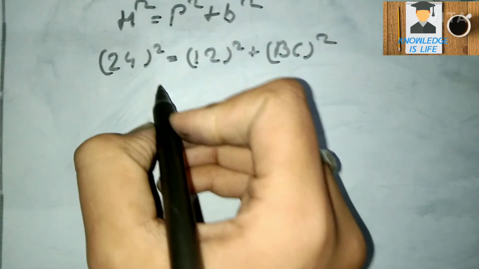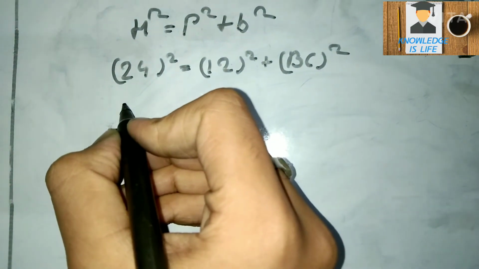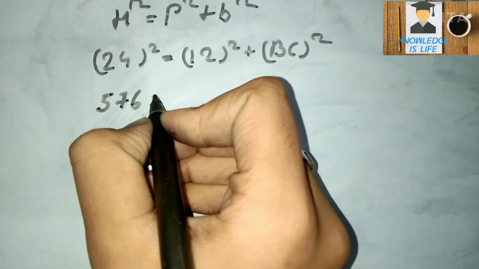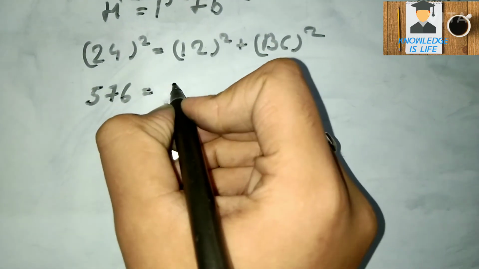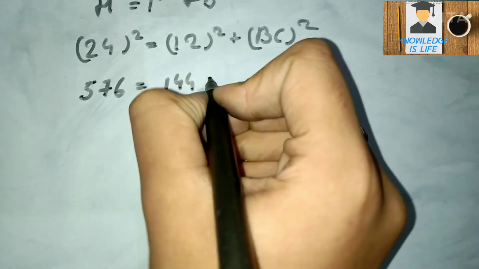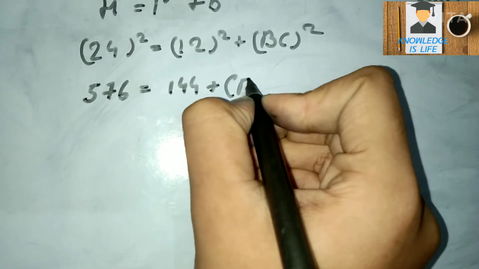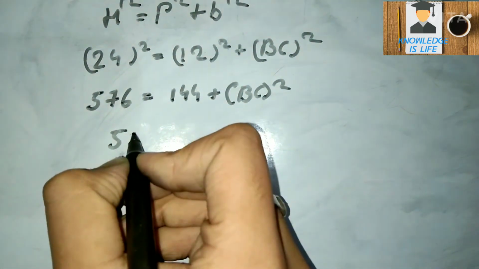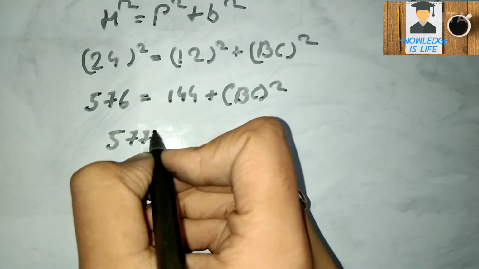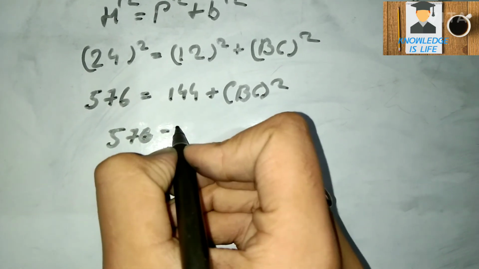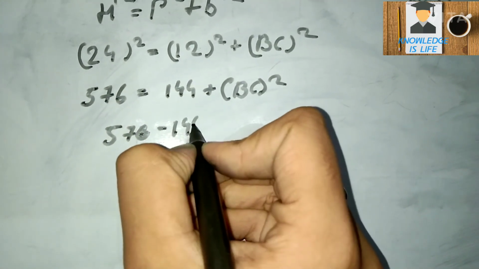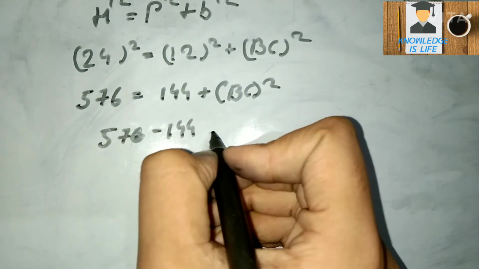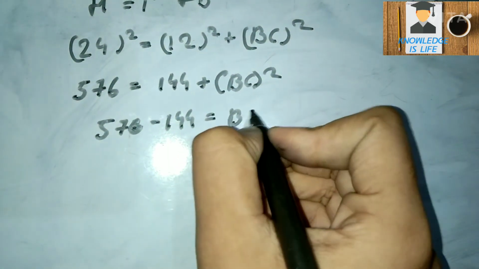Okay, so let us calculate it. The square of 24 is 576. The square of 12 is 144 plus BC square. So if we take 144 across the bridge here, we will subtract it, equals BC square.